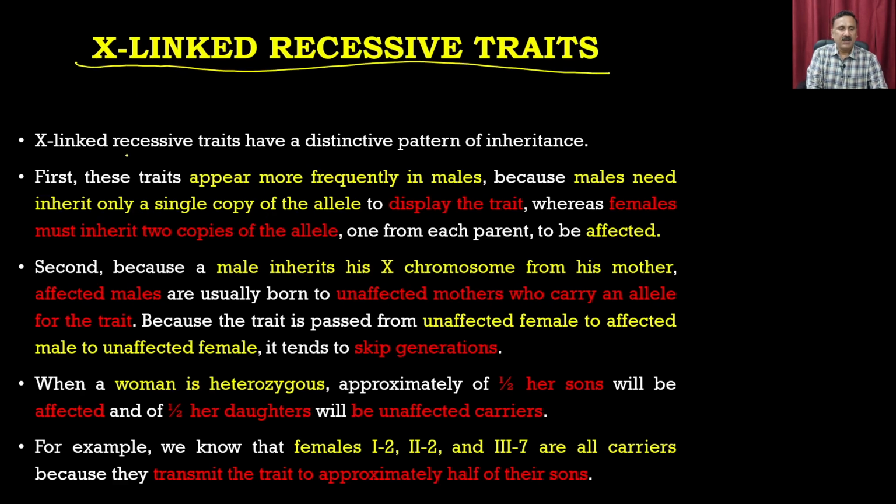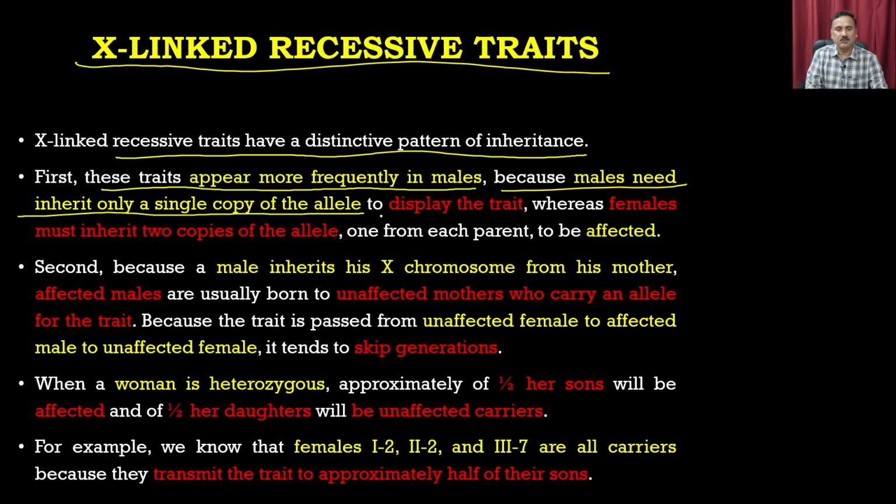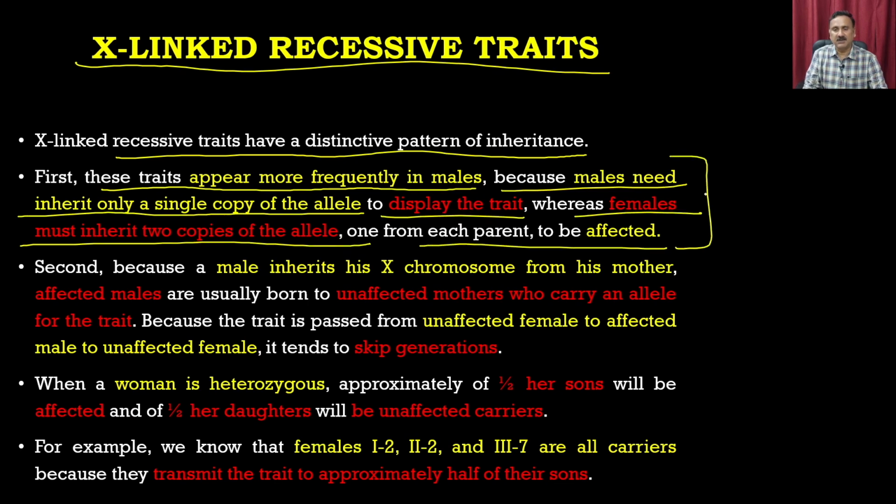These X-linked recessive traits have a distinct pattern of inheritance. They appear more frequently in males because the male needs to inherit only a single copy of the allele to display the trait, whereas the female must inherit two copies of the allele, one from each parent, to be affected. So this is a characteristic of X-linked recessive traits, right?